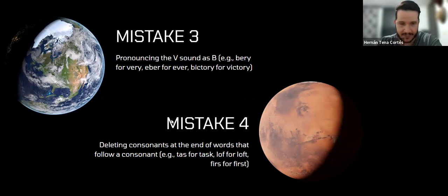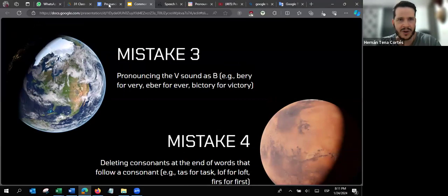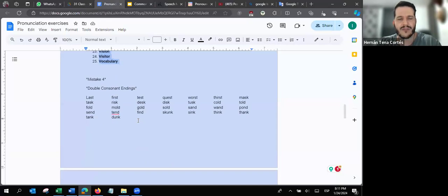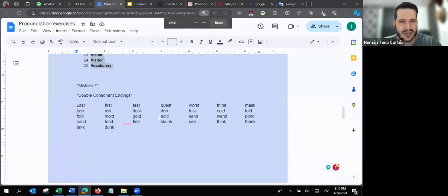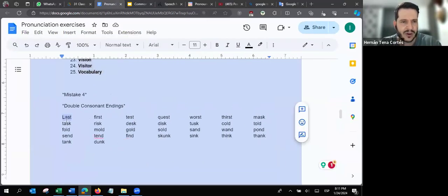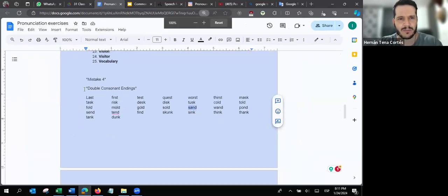So we're going to take a look at some words that finish with 2 consonants, dos consonantes al final. For example, the word last, test, quest, thirst, mask, mold, sold, sand, etc. I'm going to share these words with you guys right now so we can practice these as well.